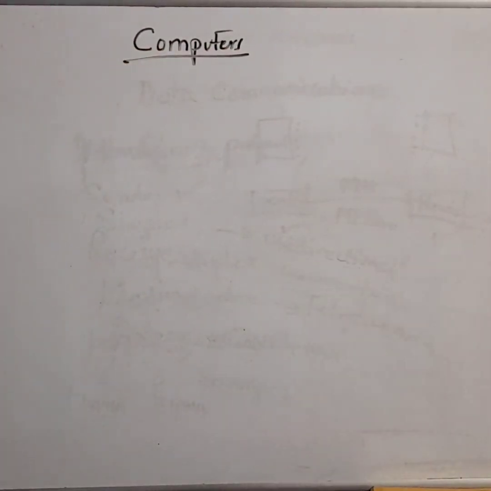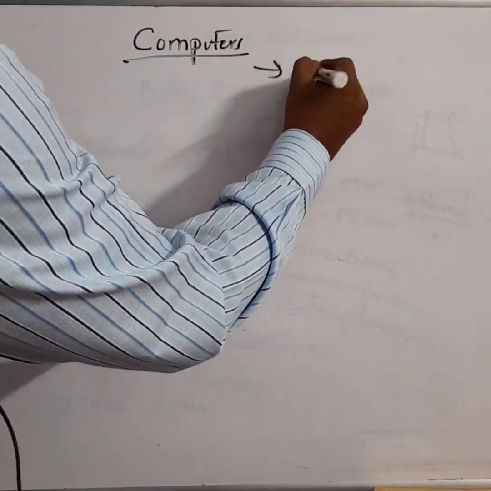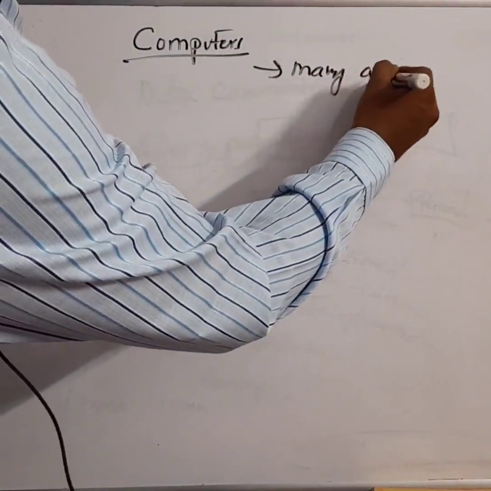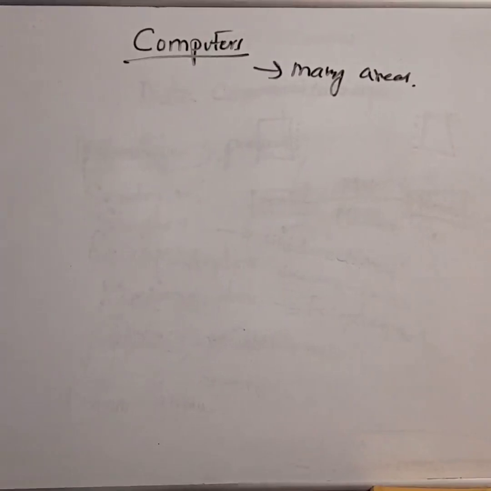Computers are commonly used in many areas. They are an important utility for people, especially those running organizations, industries, etc. In today's world, almost everything runs on or is made by computers.